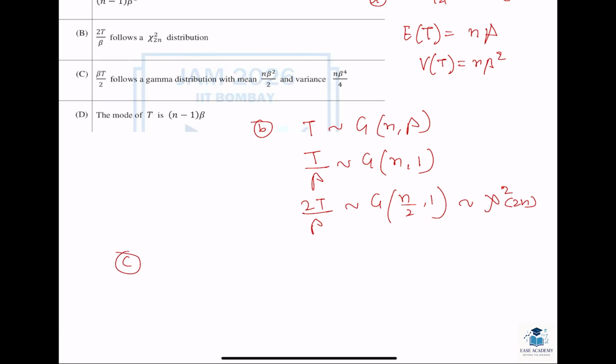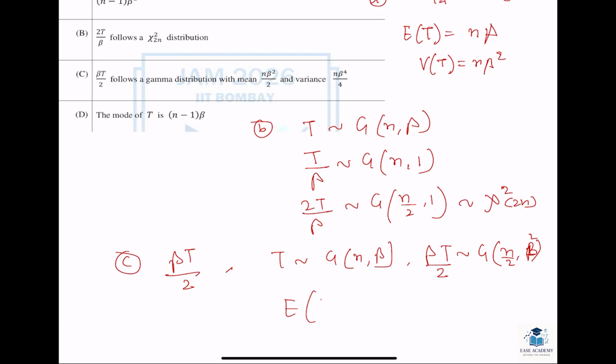Now the C is beta T by 2. That means T is following gamma n comma beta, and beta T would follow gamma n comma 1, and by 2 would be, since we are multiplying beta now, then it will divide, that means beta square, and this would be 2.